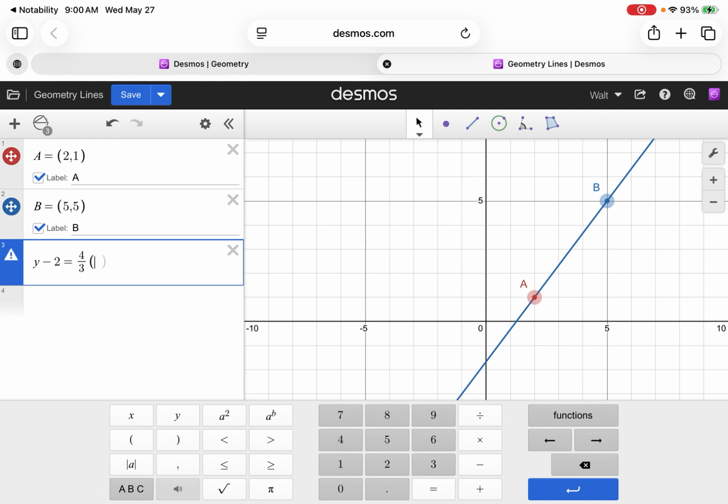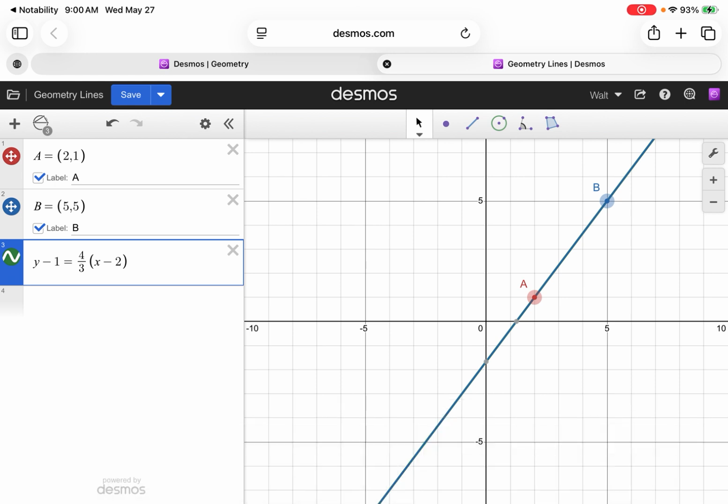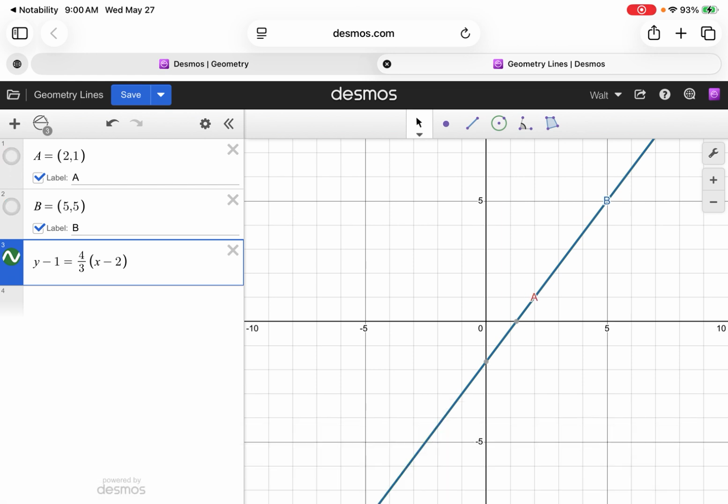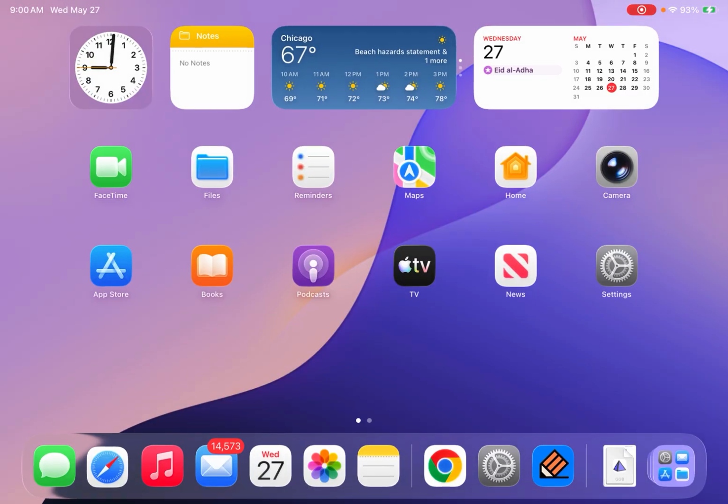And actually, wasn't it y minus 1, I think? And then this is x minus 2. So notice, all I did was enter that equation that we just got. Now I've got this point 2, 1, and 5, 5. Notice I've got those. And now let me turn these points off. And notice there is my line right there. Okay? So I've got point A and point B, and I've come up with an equation for the line that passes through those points.